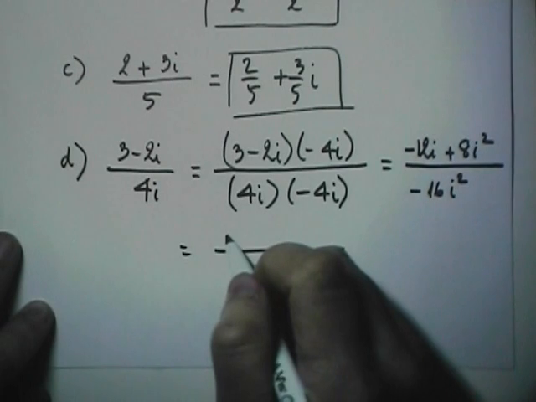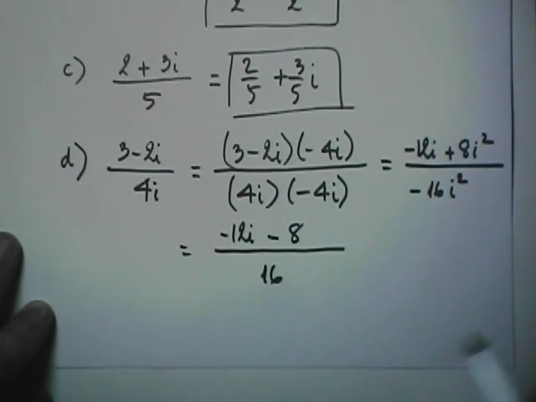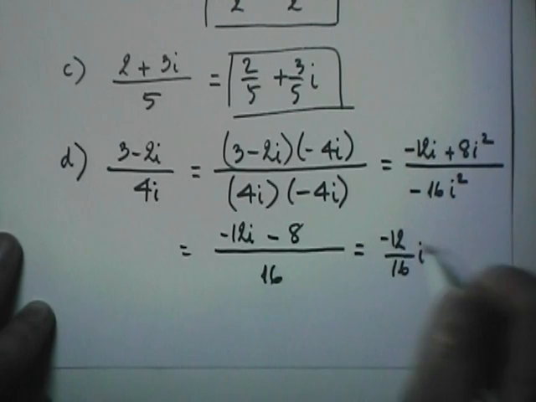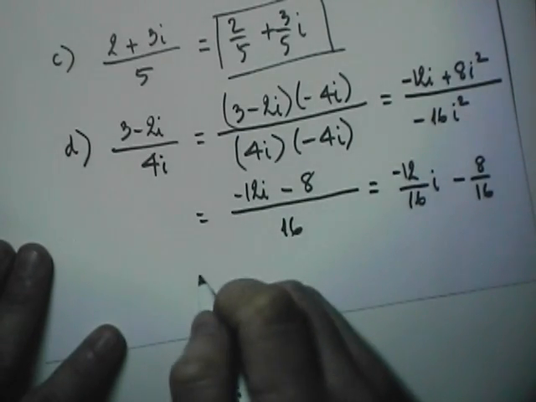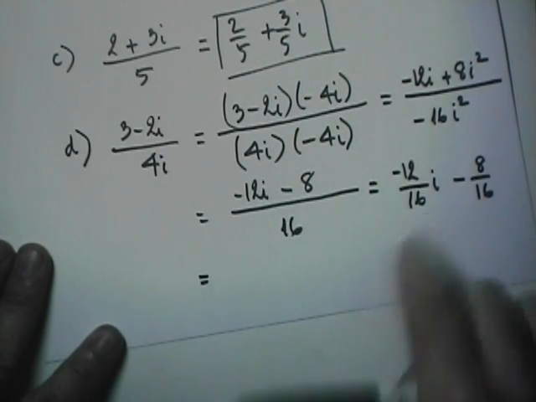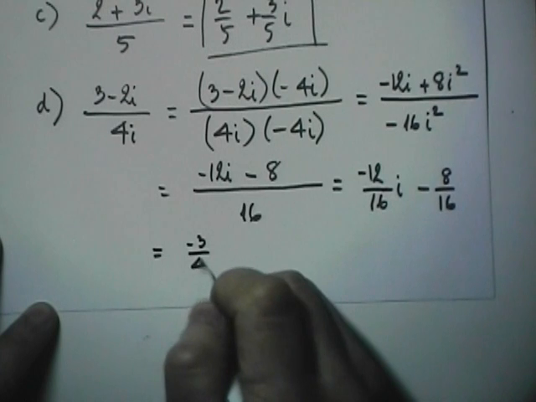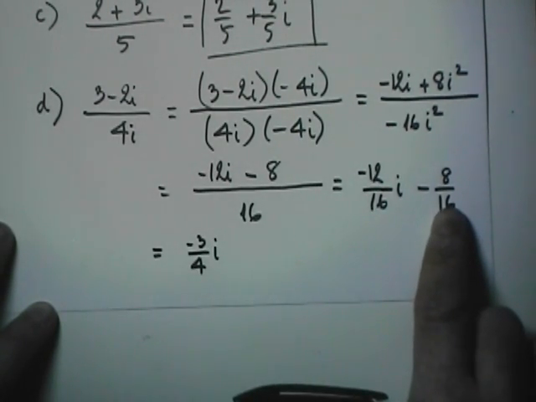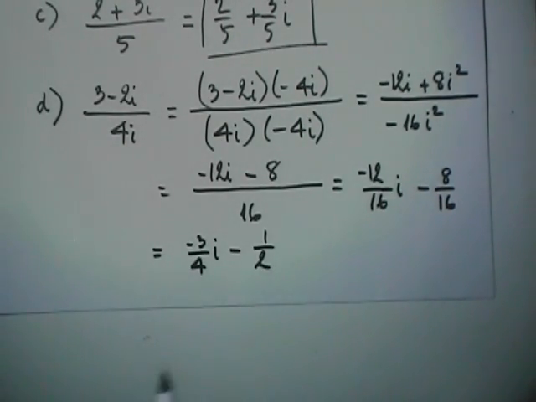On top, I have minus 12i minus 8. Breaking the fraction apart, I can have minus 12 over 16 i, and then minus 8 over 16. Minus 12 over 16 reduces to minus 3 over 4 i, and the second fraction is minus 1 over 2.